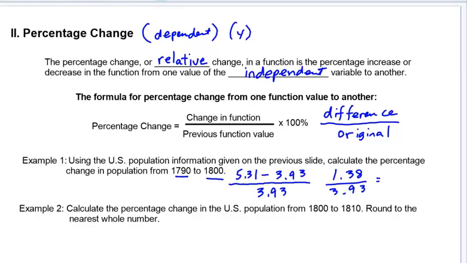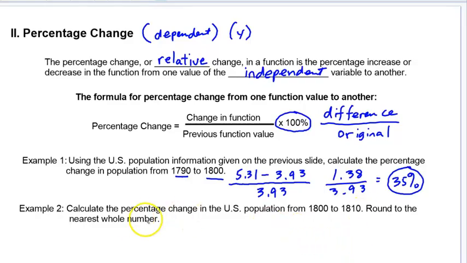And we get the decimal form 0.351145 and so forth. Well, that's why the times 100% is helpful, because we want our answer to be in percent form. So just take that decimal and do times 100 and you get our result, and we're just going to round this to the nearest whole percent. So the percentage change from 1790 to 1800 was 35%, the percentage change in the population.